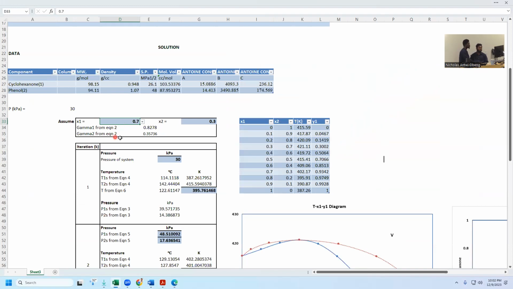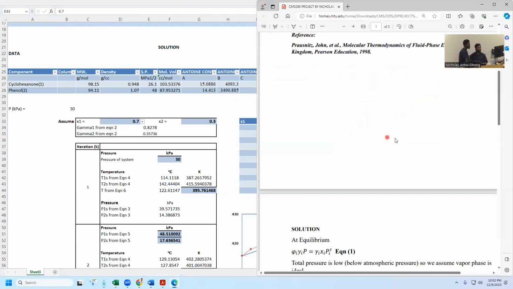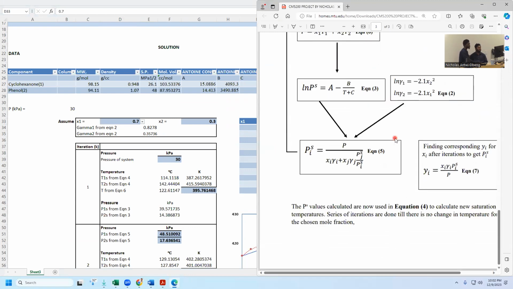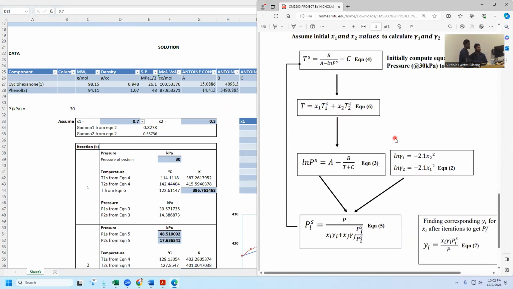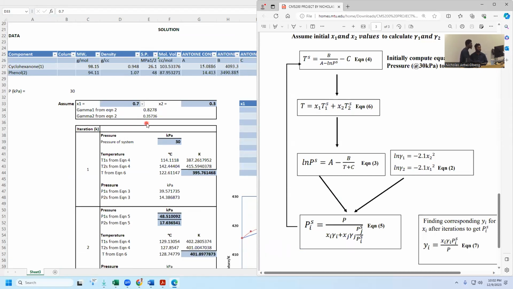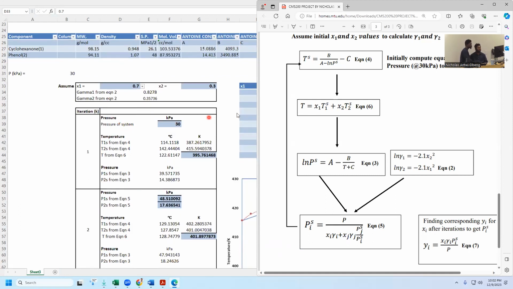From there, you can calculate your gamma from equation 2, which is negative 2.1 x2 squared and negative 2.1 x1 squared. After getting your gamma, you can use equation 4 together with the initial pressure that was given to us to estimate the temperature.